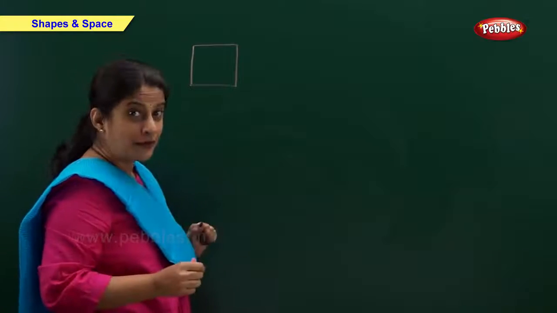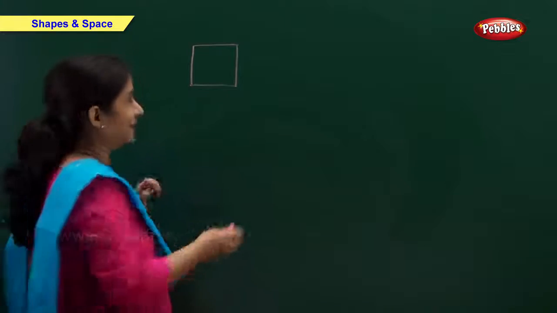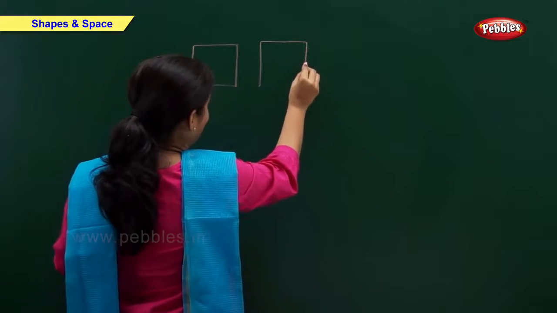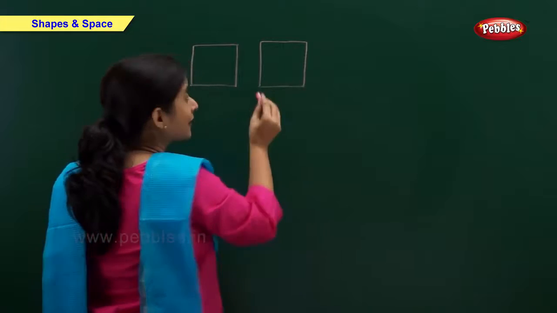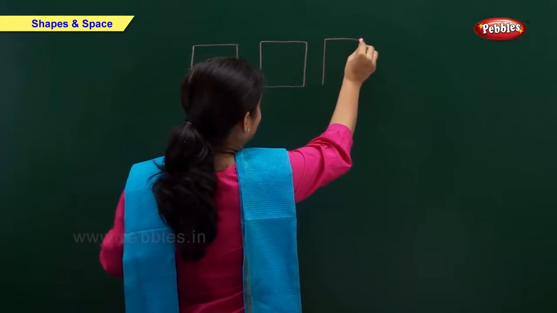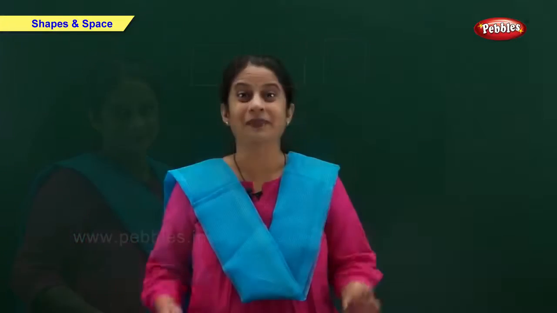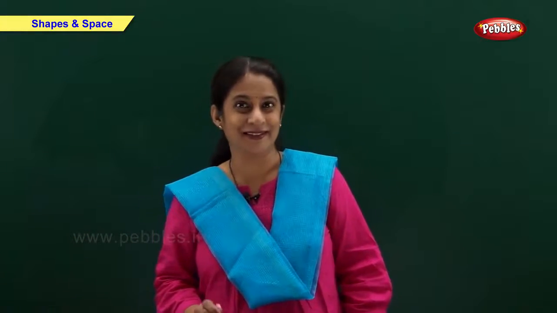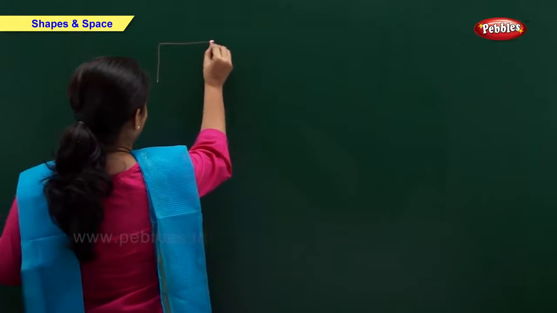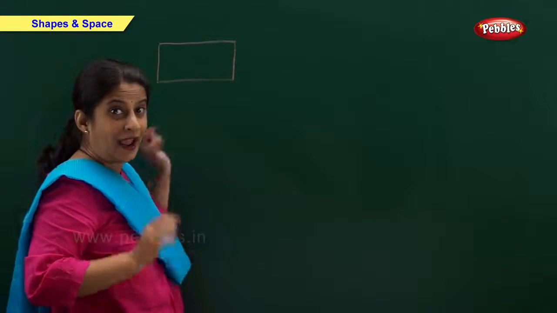Square. You know friends, all the 4 sides of the square are equal? Now let's draw a rectangle. Rectangle.